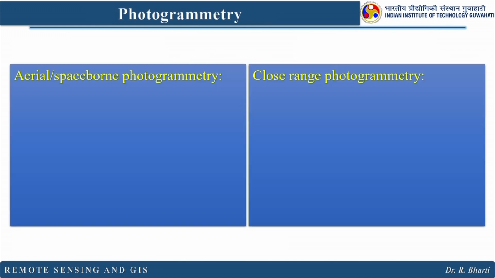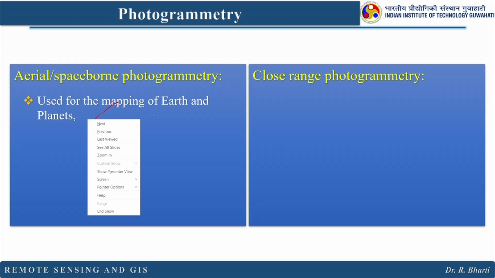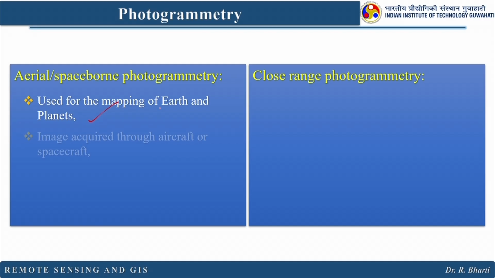So, let us understand the difference between aerial space-bound photogrammetry and close range photogrammetry, their strengths and weaknesses. Aerial space-bound photogrammetry is used for the mapping of Earth and planets. This is well known.